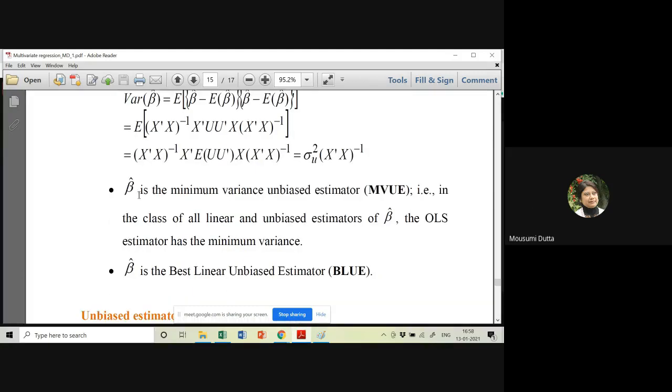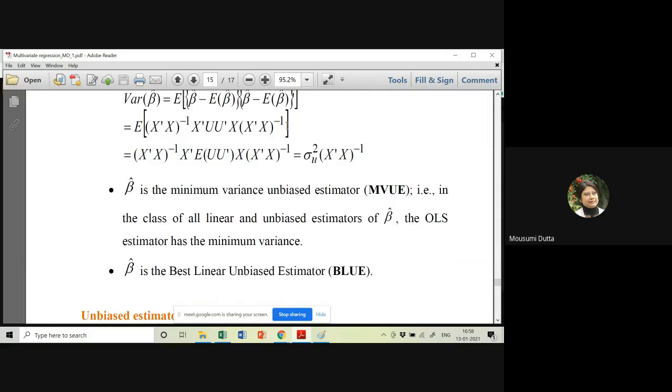So here I am writing that beta hat is the minimum variance unbiased estimator, leaving the exercise, just calculating the variance covariance matrix but not calculating the variance covariance matrix of any other linear unbiased estimator and comparing them. In the class of all linear unbiased estimators of beta, the OLS estimator has the minimum variance.